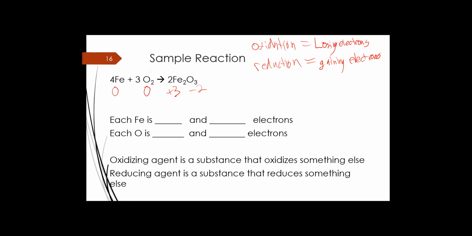So if we're thinking about this, our iron is going from a 0 to a +3. Did it gain electrons or lose electrons? Now it's becoming more positive, so it's lost electrons. It's giving them away. Oxygen, on the other hand, has gained electrons, so it's reducing.